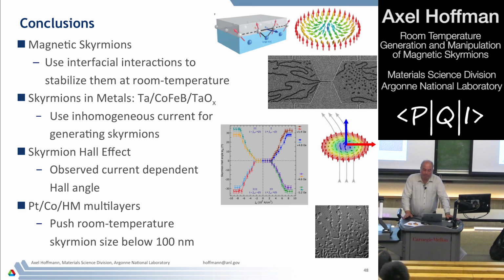But I know the groups in Mainz and in MIT, they've demonstrated speeds up to 100 meters per second also for skyrmions. So I don't think there's any fundamental reason why they would move any slower or faster. Well, if you make them very small, maybe they move faster, but other than that.